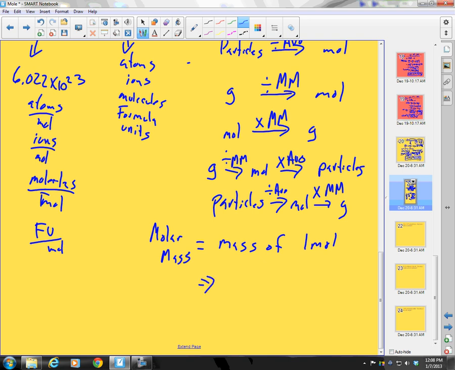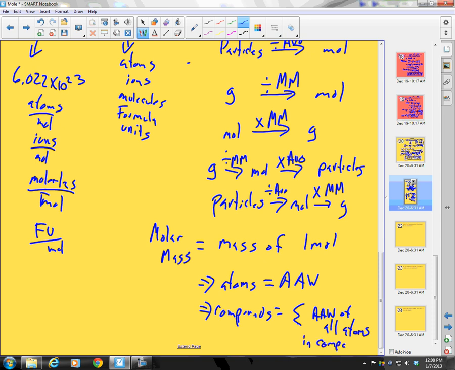Molar mass for atoms is equal to the average atomic weight on my periodic table, and the molar mass for compounds is equal to the summation, that's sigma for summation, of the average atomic mass of all atoms in the compound. Good, and that's kind of our overview.